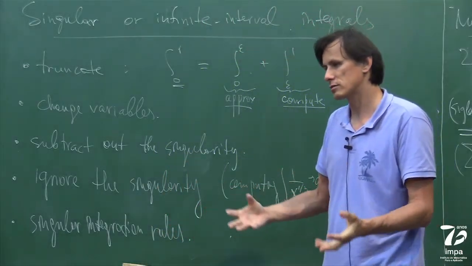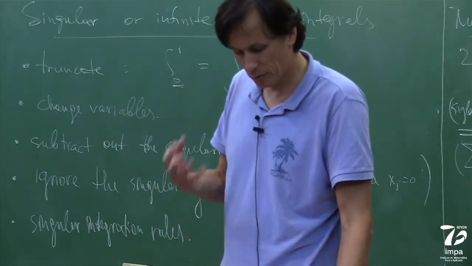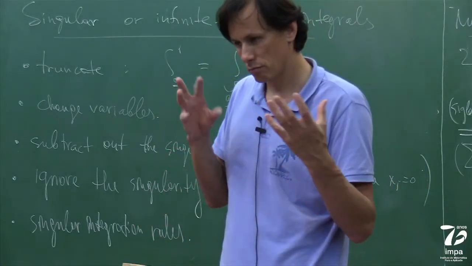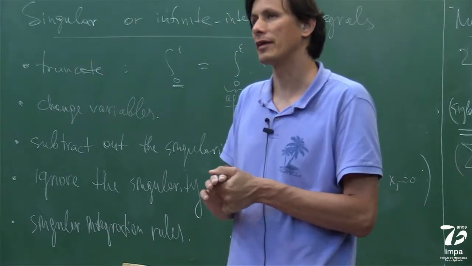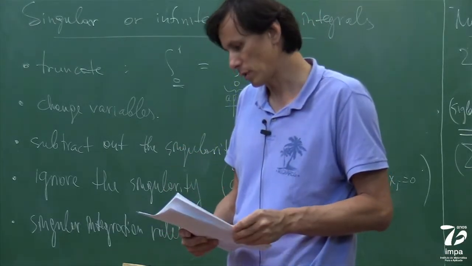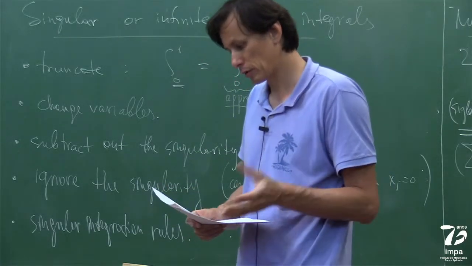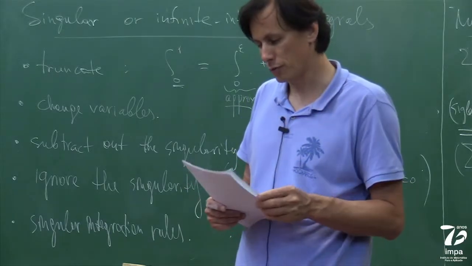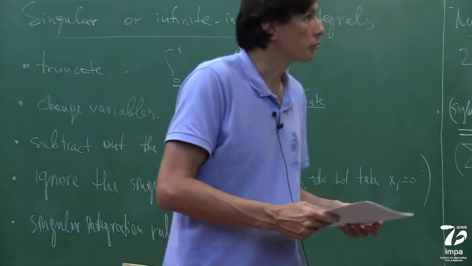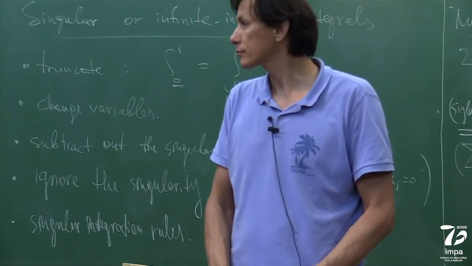You can adjust weights or make something clever so that it will converge better and take into account that there is a singularity there. So that's a set of somewhat obvious ways of computing these other types of integrals.